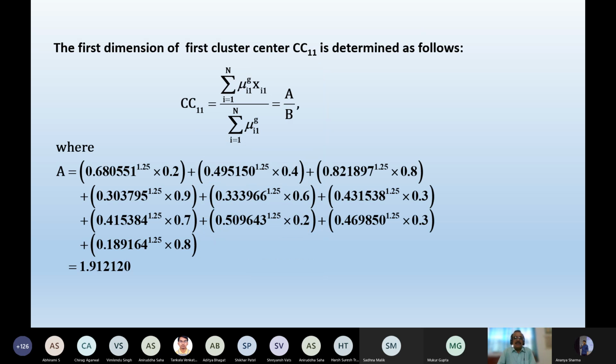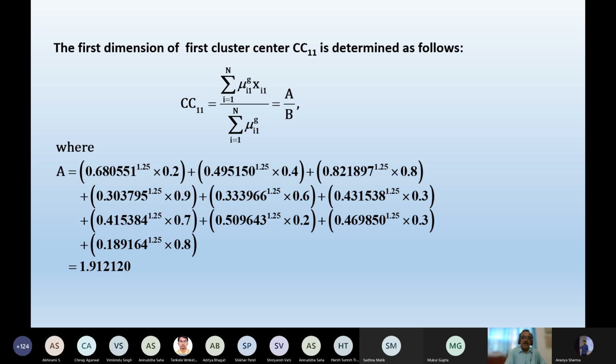And once you've got the information related to the membership, the way I discussed, I can find out CCJK, that is the kth dimension of the jth cluster center. For example, I can find out CC11. So here J equals 1, K equals 1. That means the first dimension corresponding to the first cluster center.